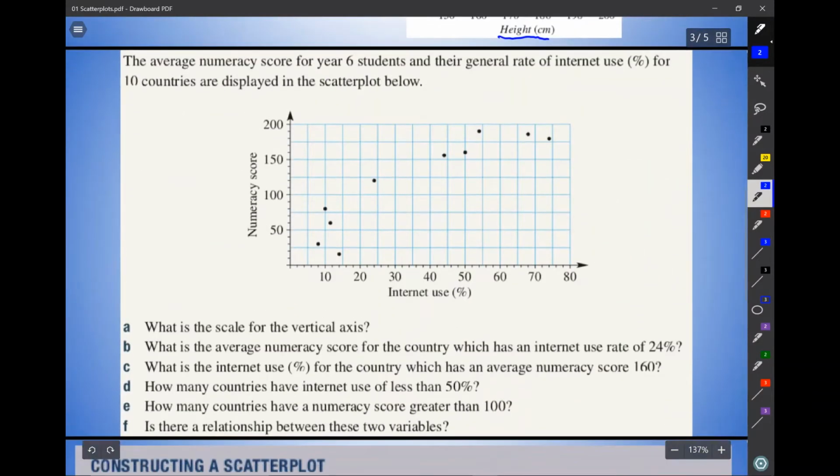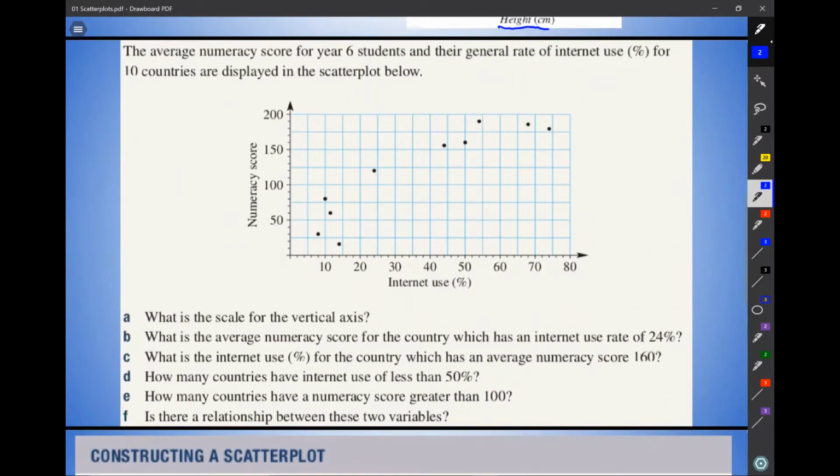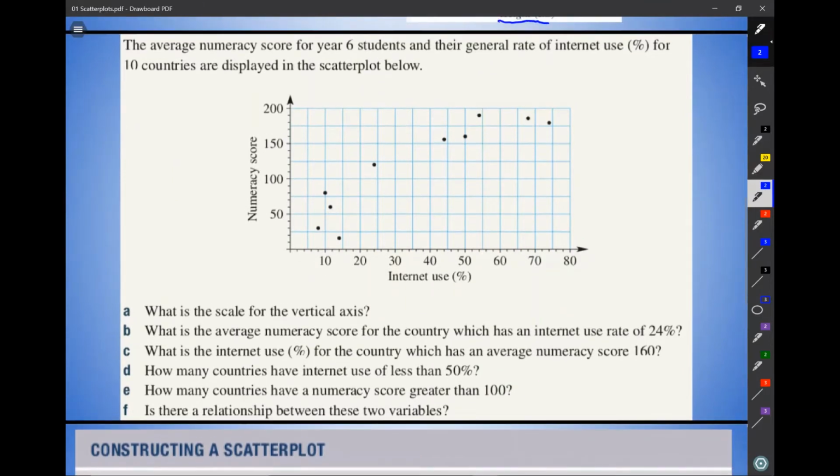So let's look at a worked example about interpreting a scatter plot to get a better sense of how everything works. So this first question, A, what is the scale of the vertical axis?